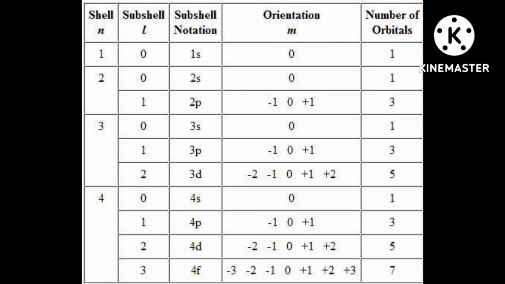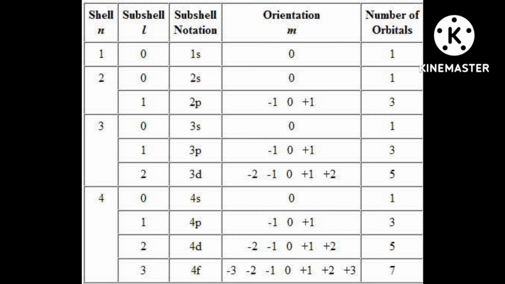Now L is equal to 1, then m has 3 values: minus 1, 0, plus 1. What are these? Because L is equal to 1 means you are talking about the P subshell.